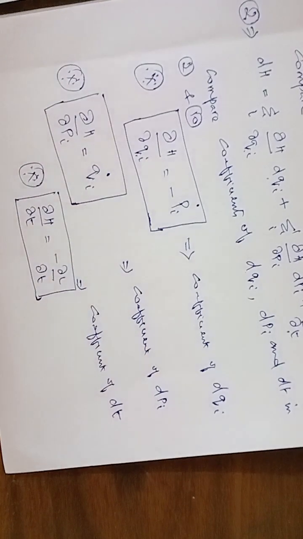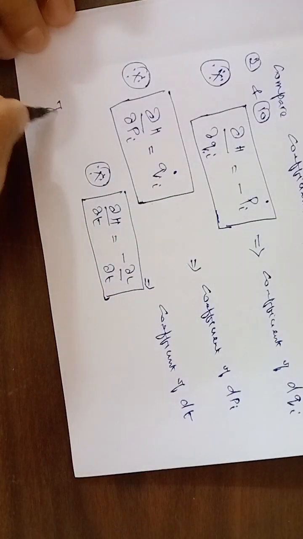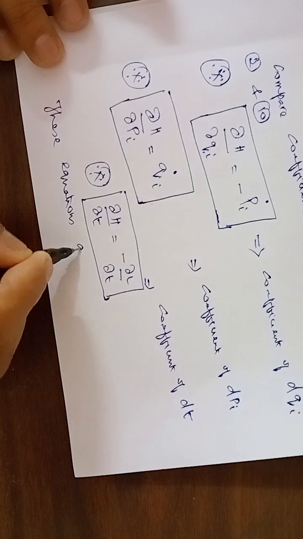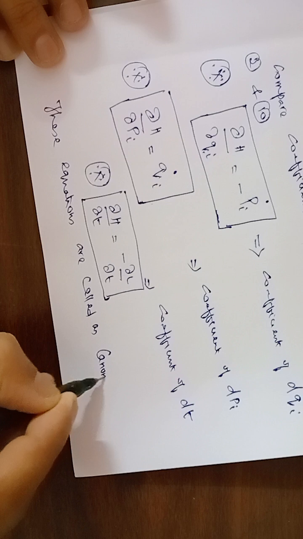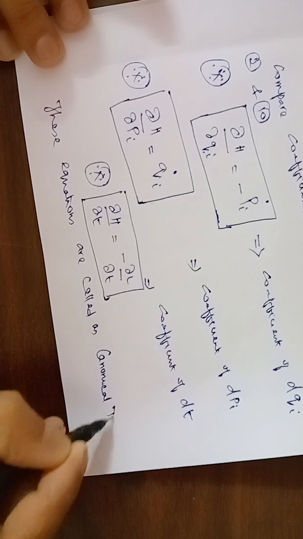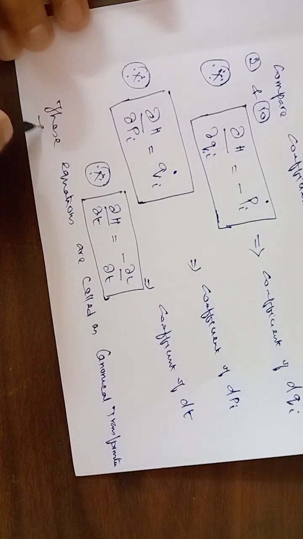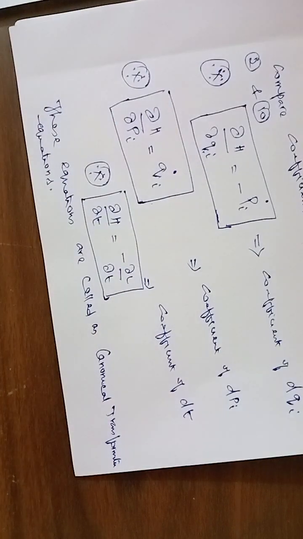These equations are called Hamilton's equations of motion or Hamilton's canonical equations of motion. Okay, so these are very important equations we will use in many places in classical mechanics.